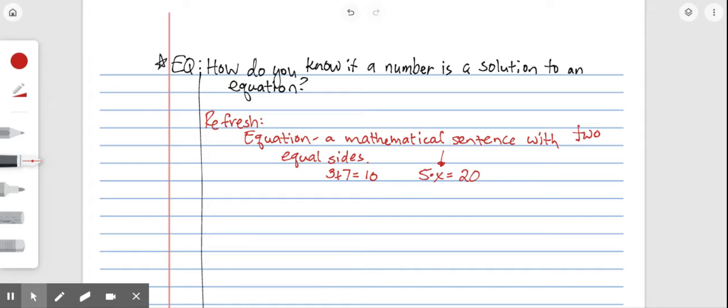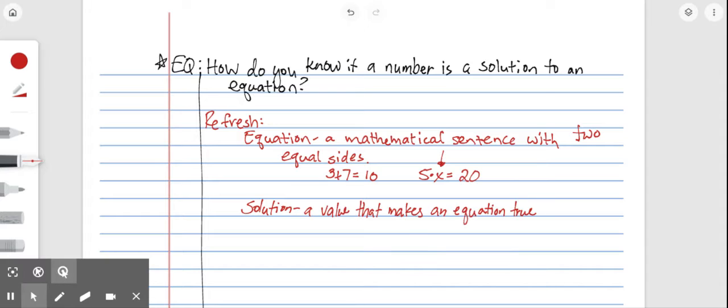And then a solution, because we've done solutions before, a solution is a value that makes a mathematical equation correct. A value that makes an equation true. So you've done solutions actually in elementary school, and you've done a few this year. So here's an example of finding solutions.